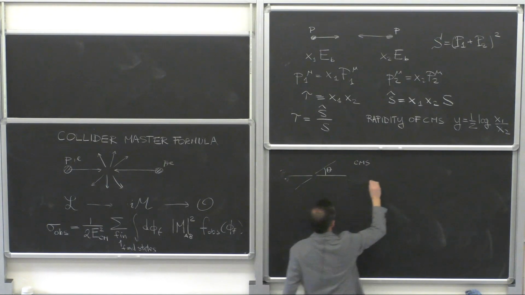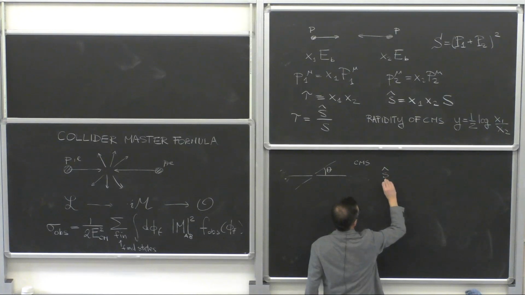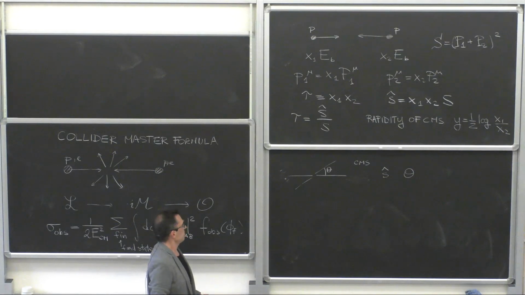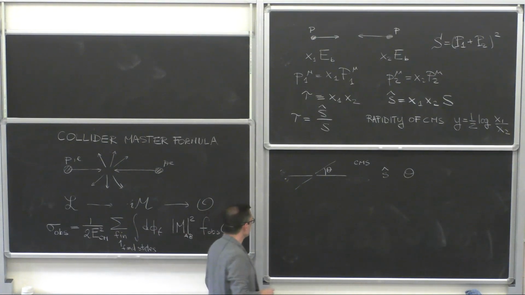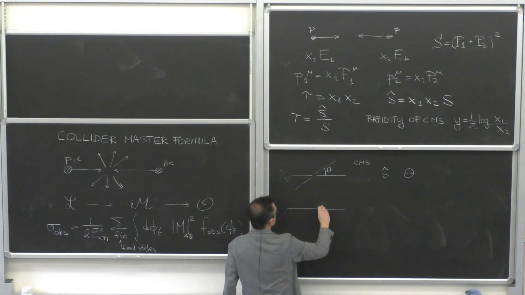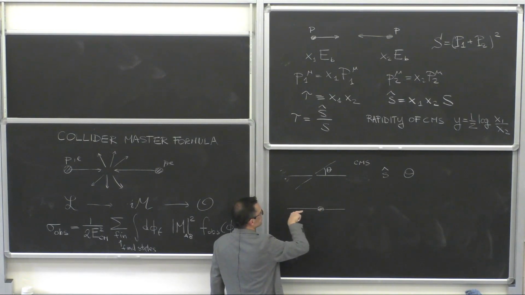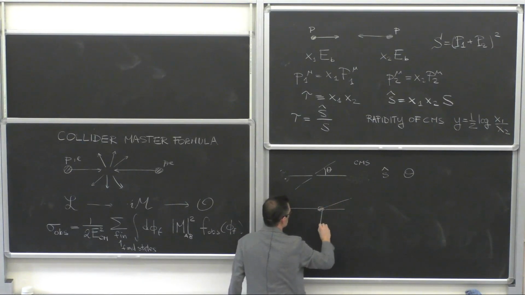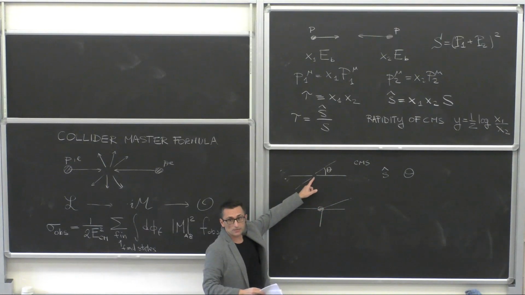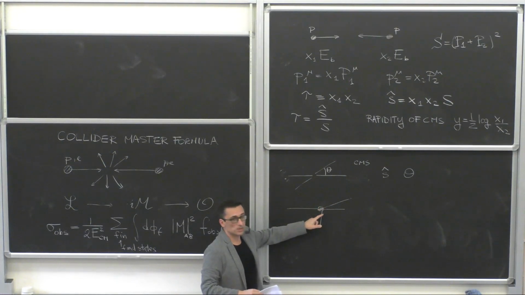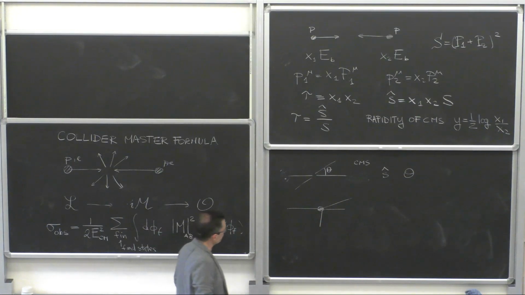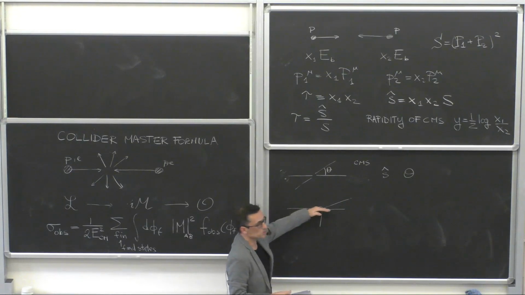In this case, the variables that I have are s hat and theta, which is the scattering angle if there are two particles, or if there are more, each one will have its own theta. And of course, in the lab, the same event, imagine that it is boosted in this direction. An event which is back-to-back in the center of mass frame is not back-to-back in the lab, obviously.